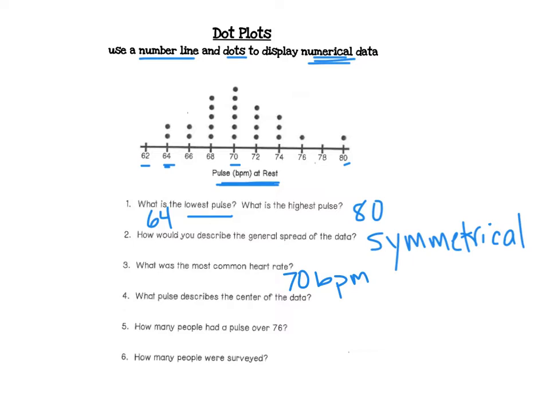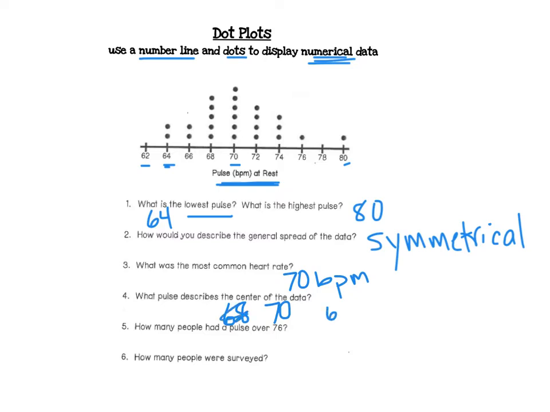Number 4, what pulse describes the center of the data? So again, if you look kind of overall at all of the data, I would say the center is going to be in that 70 beat per minute range again. You could say that the center of the data is from 68 to 72.